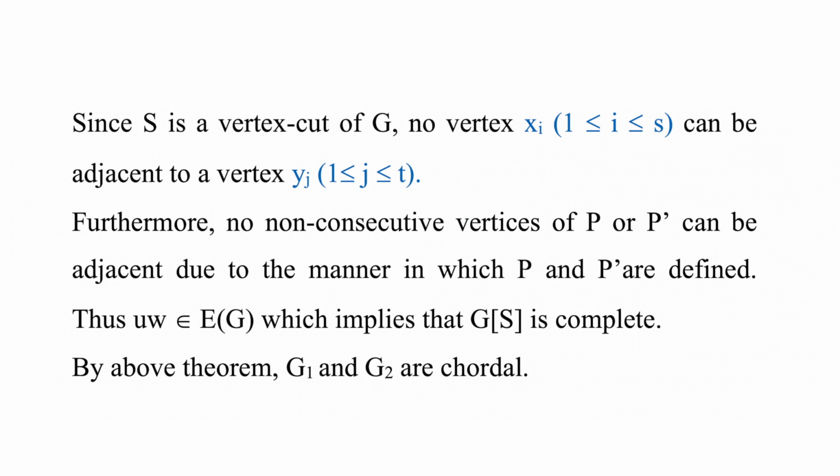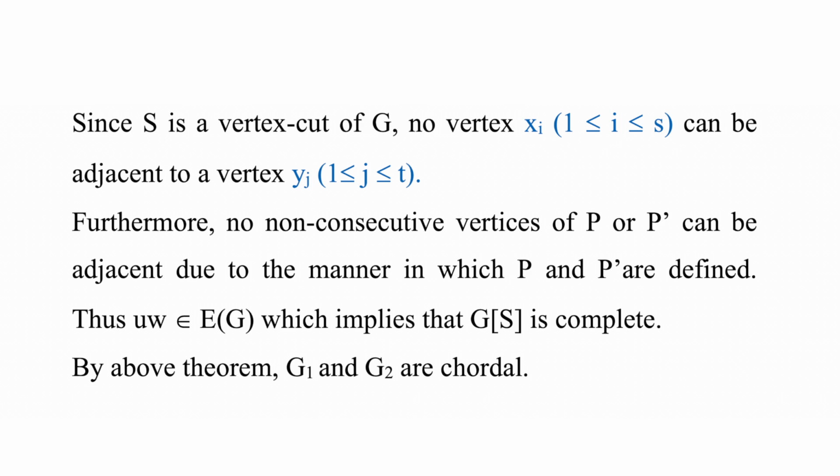Since S is a vertex cut of G, no vertex xi, 1 less than or equal to i less than or equal to s, can be adjacent to a vertex yj, 1 less than or equal to j less than or equal to t. Furthermore, no non-consecutive vertices of P or P dash can be adjacent due to the manner in which P and P dash are defined. Thus, uw belongs to E of G, which implies that G of S is complete.